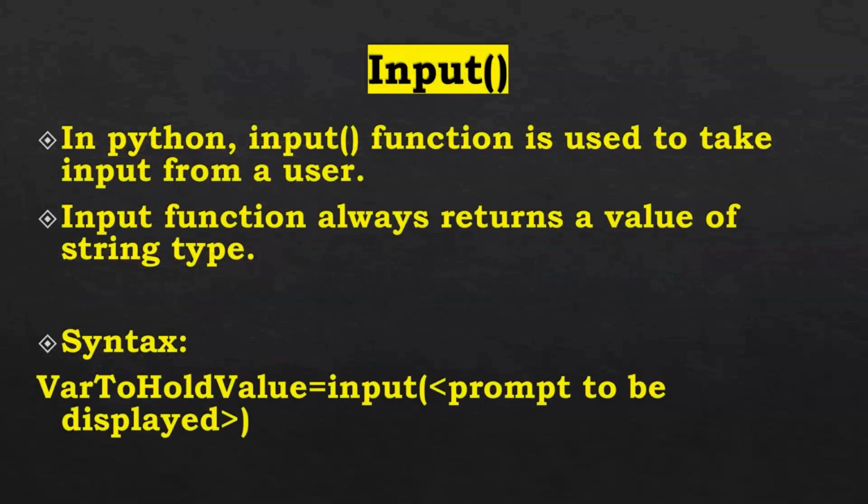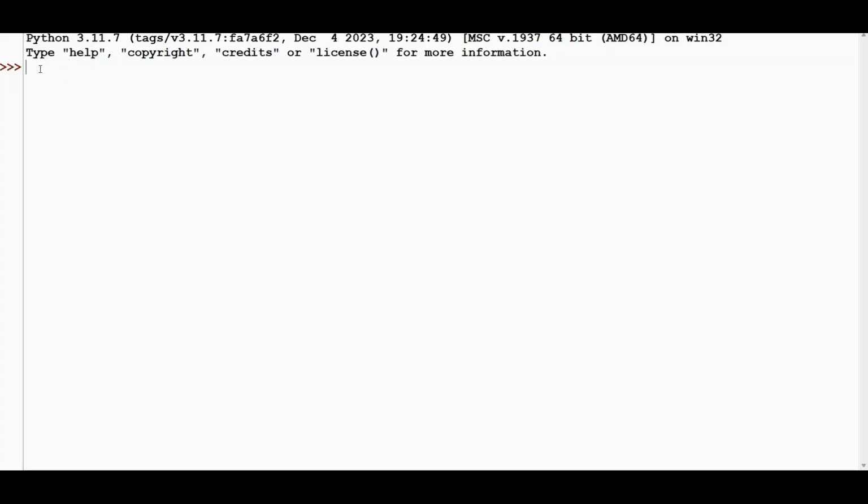Same value to multiple variables, and multiple values to multiple variables. Hope you understand clearly. Let me write a equals b equals c equals 5. If I print a it is 5, b gives 5, and c gives 5.